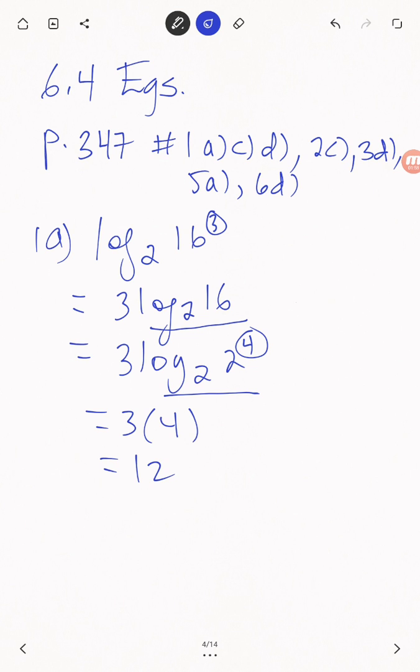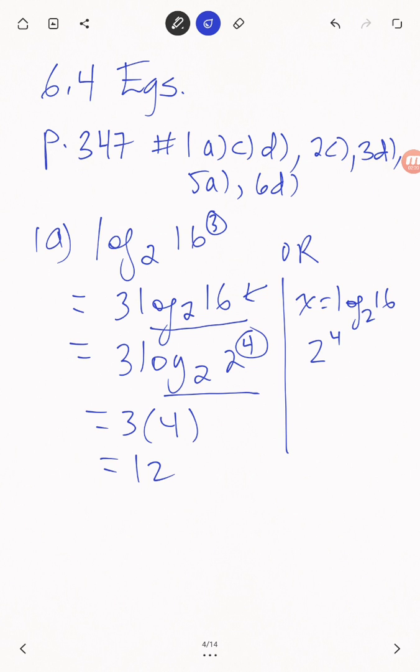Now I said you have two choices. Your other choice would be to evaluate this log by letting it equal y or x. Let's let it equal x, just a little bit more convenient. X equals log 16 base 2, and then change it to exponential form.